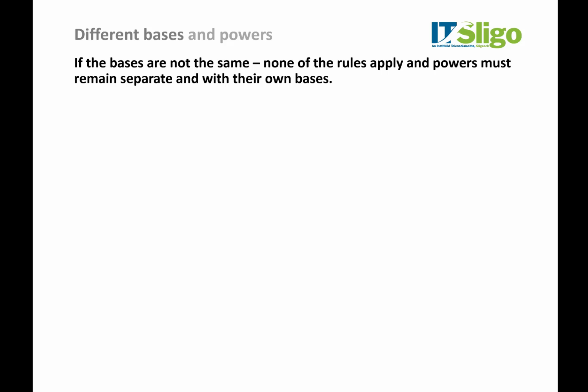I'll show you. So here, guys, now again, numbers still do what numbers do. So we're still going to have 10, but now the x squared and the y to the power of 4, the bases, guys, are different. So we can't add the powers. The bases just stay with their own power.